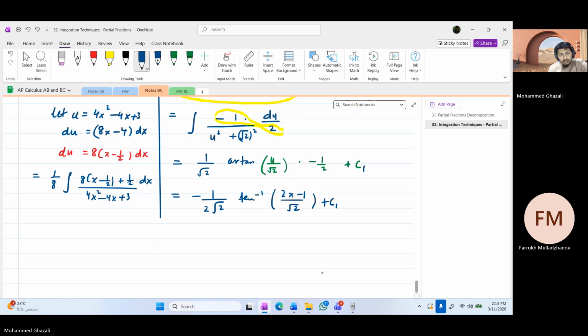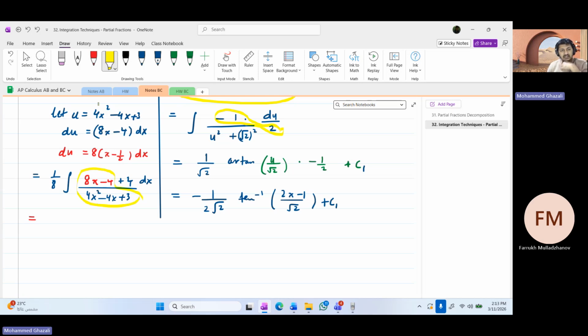I'm going to leave the 1 over 8 here and take the 8 inside. So we got a problem because we still got that other half over here. Remember, this 8, I took it into the first part, I didn't take it into the second part. So it should not be minus half, it should be plus 4. So I'm basically multiplying the 8 inside, so it should be 8x minus 4 plus 4. We still got the 1 over 8 lying outside. So you see this part of the integral is fine.